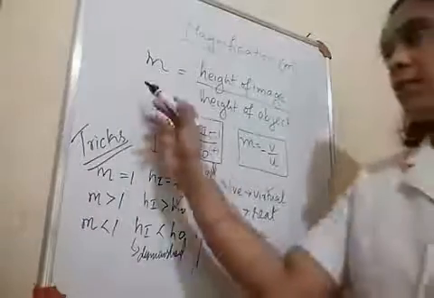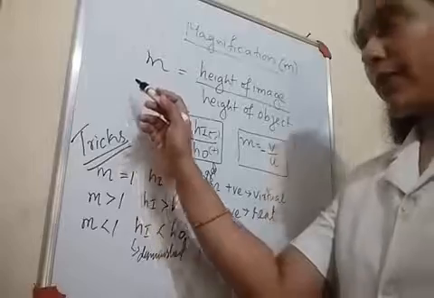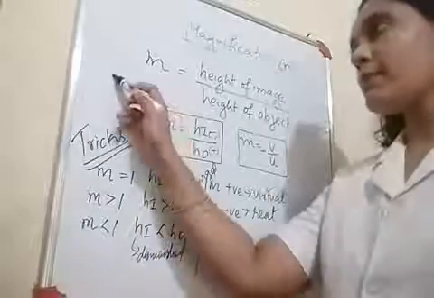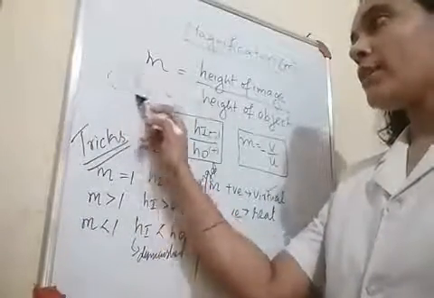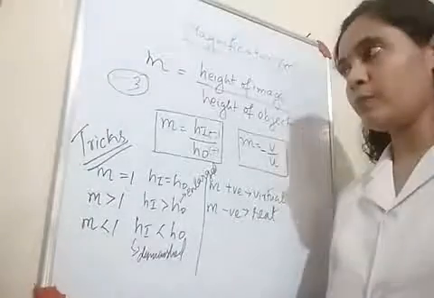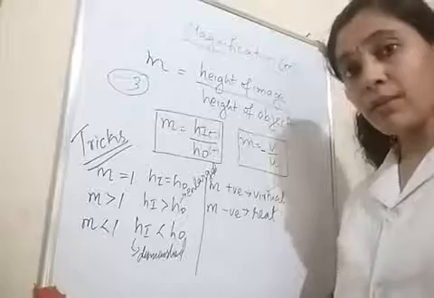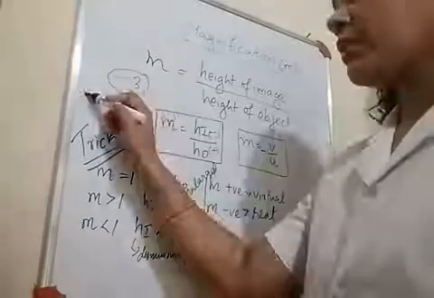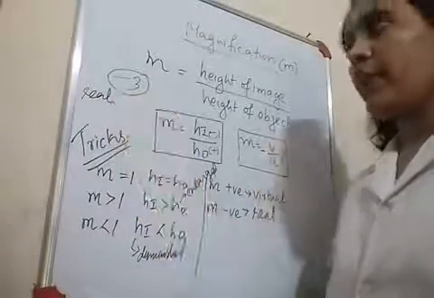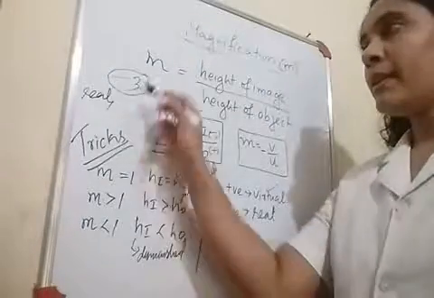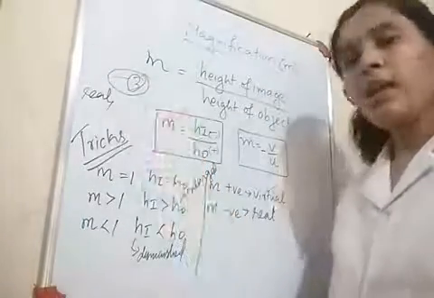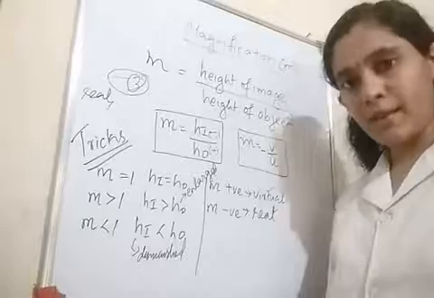Suppose the magnification of an image produced by a concave mirror is -3. What all information will you obtain from this value? First, look at the sign. It is minus. So we got the first information: it is a real image. Next, look at the magnitude. Is it greater than 1 or less than 1?